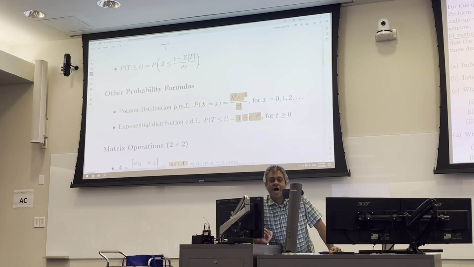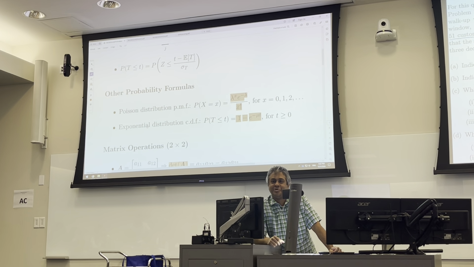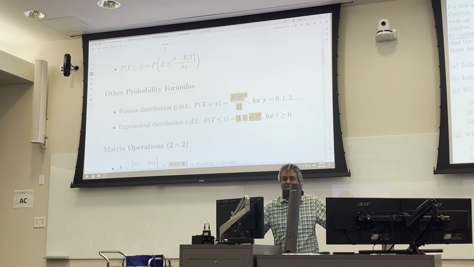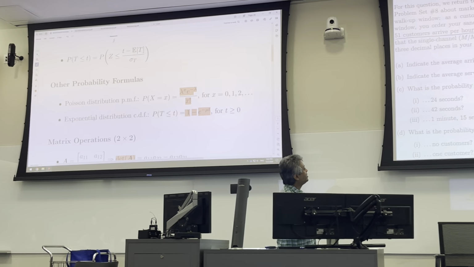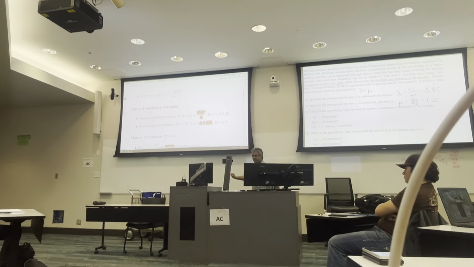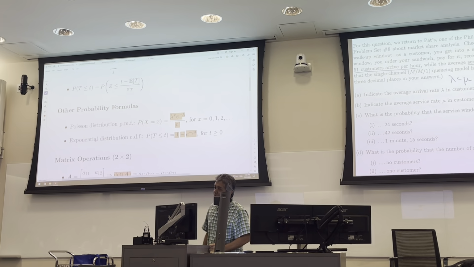Conversely, I will only ask you about arrival probabilities and service time probabilities in the multiple choice. I will not ask you about the operating characteristics. Those two things are, as we like to say, mutually exclusive. Multiple choice: probabilities. Free response: operating characteristics.